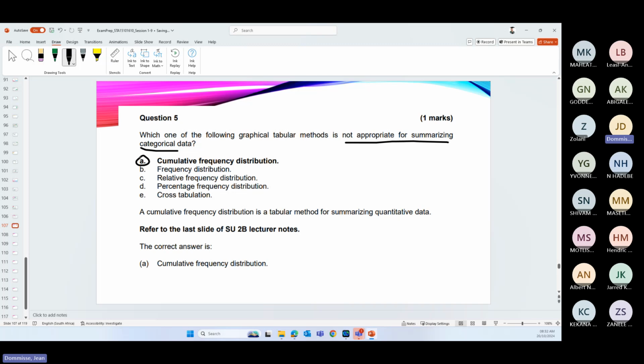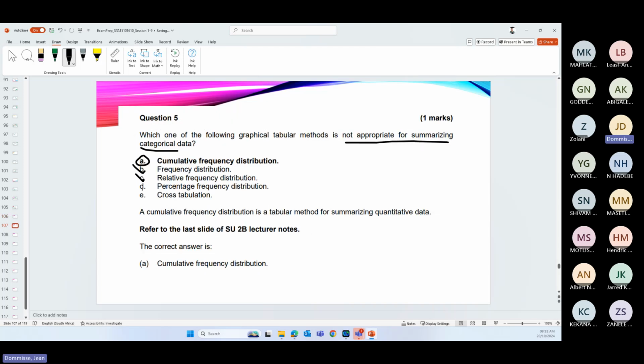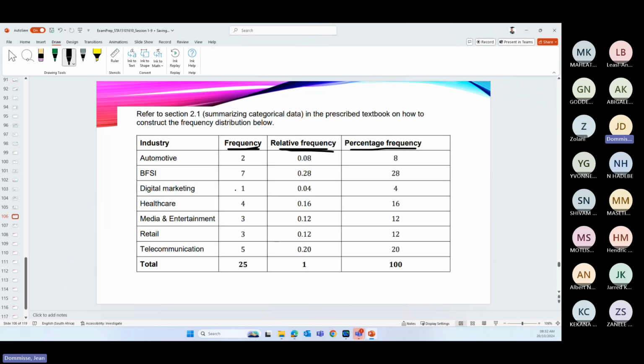So cumulative frequency distribution is the one that does not make sense when you're doing categorical data. Frequency distribution, yes, we just add it. Relative frequency distribution, yes, not a problem. Percentage frequency distribution, yes, not a problem.